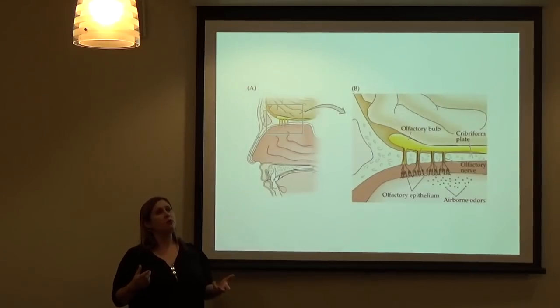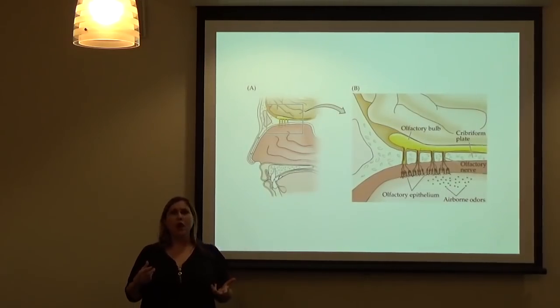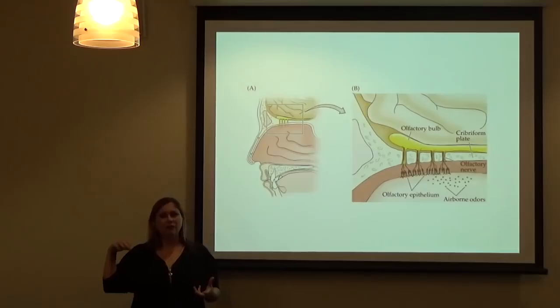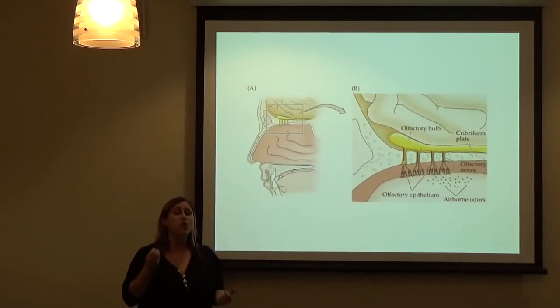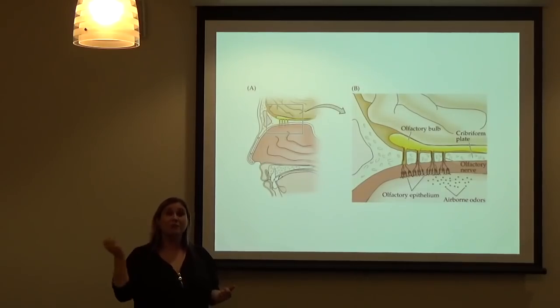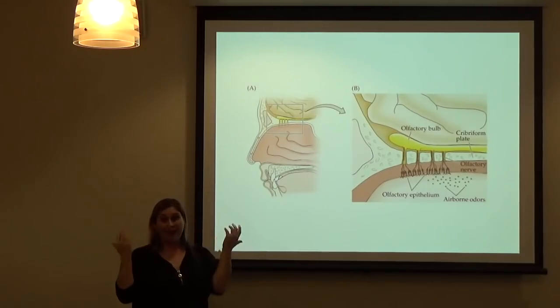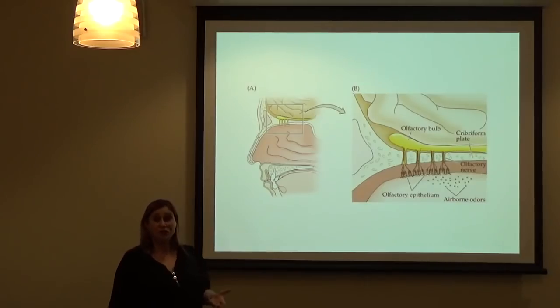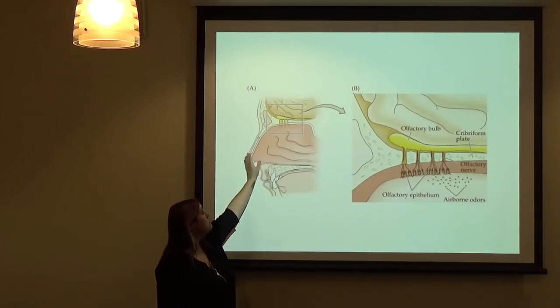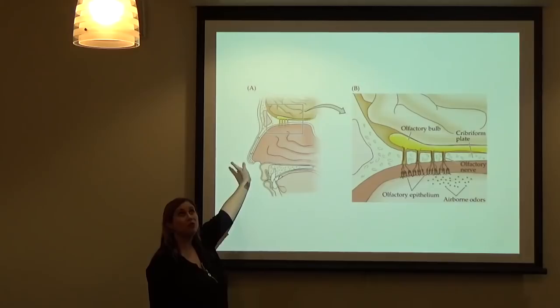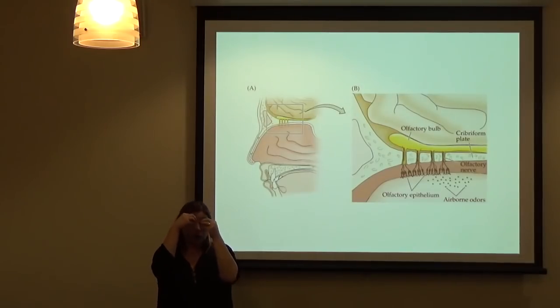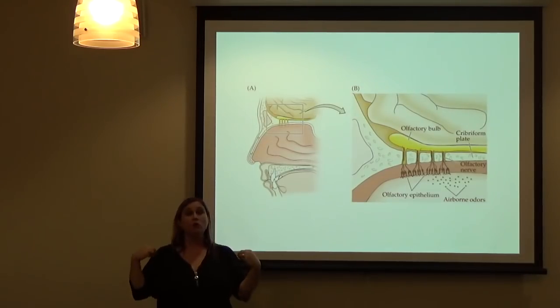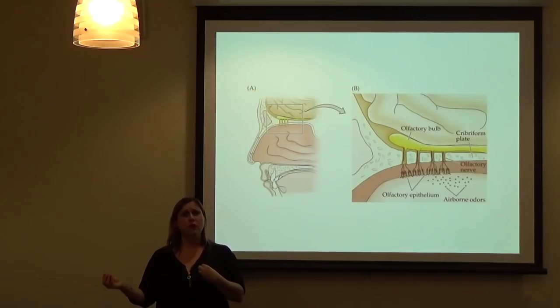Some people call it your epithelial lining, or your olfactory mucosa because it's covered in mucus, okay? It's wet up there. You make mucus in your nose, obviously. So your nasal mucosa, your olfactory mucosa, your olfactory epithelium, whatever you want to call it, is what houses the olfactory receptor cells, the ORCs.